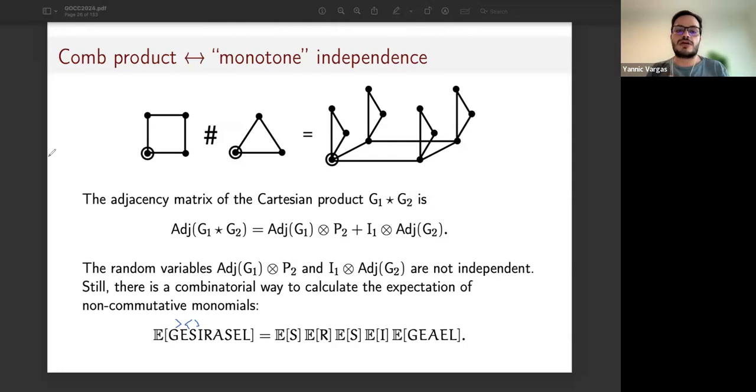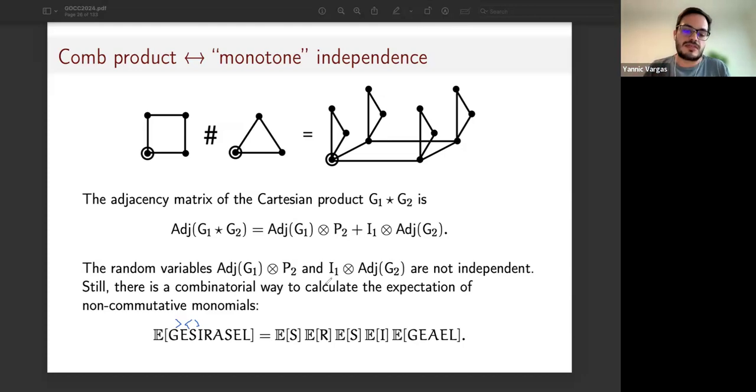Okay, so again, here we have two examples of spaces of random variables. The product is not commutative, and in some situations, as for the Cartesian product, we end up with the calculation of expectation of independent random variables, and then we can have nice formulas from that. But we also have those other operations for which, when I want to calculate the expectation of the power of the adjacency matrices of the product of these two graphs, we get sums of non-independent variables.